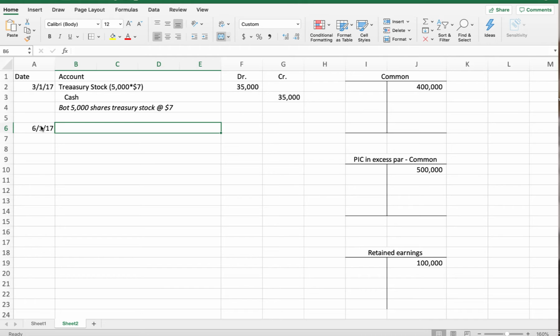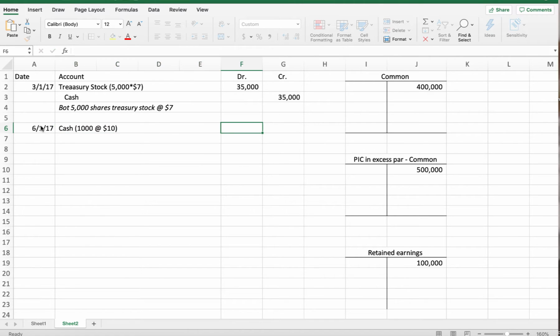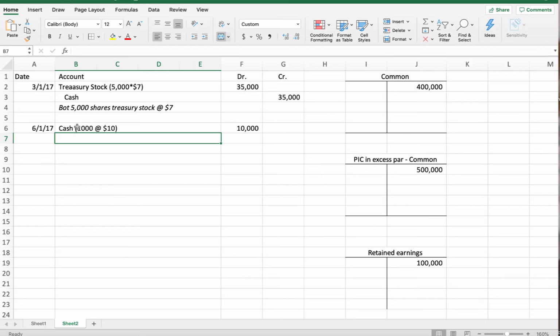Well, we're getting cash and our treasury stock is decreasing. So cash is going up. How much? Well, we sold 1,000 shares at $10 per share. So our debit is $10,000. Okay? So that's the cash we're getting in.